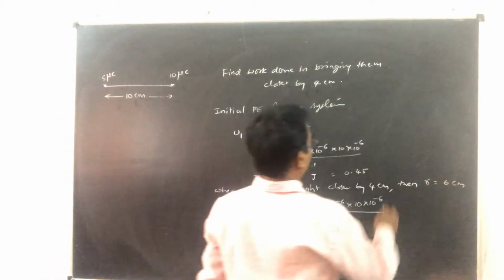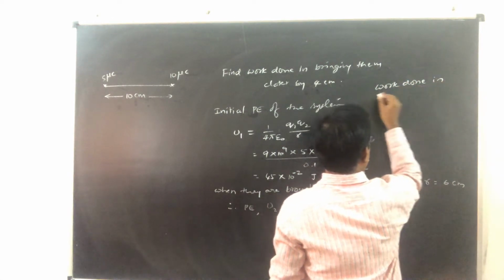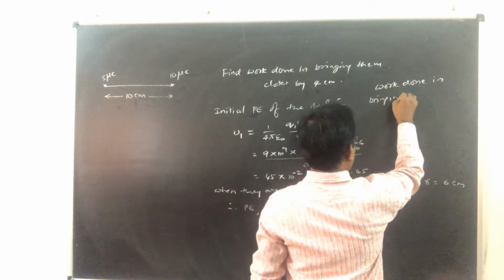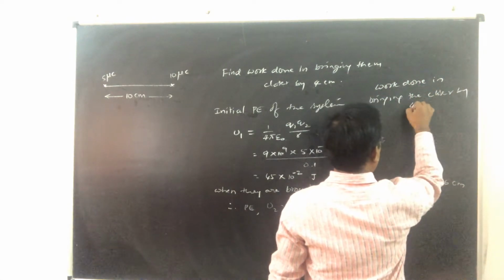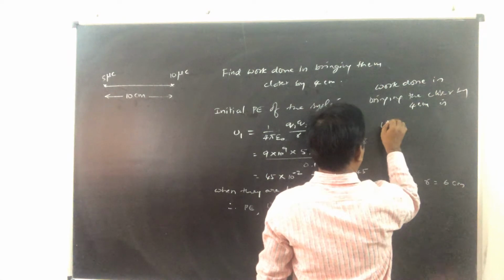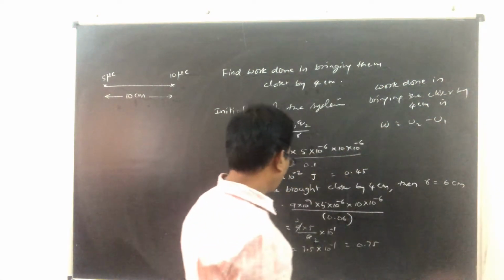So the work done in bringing them closer by 4 centimeters, W is equal to U2 minus U1.